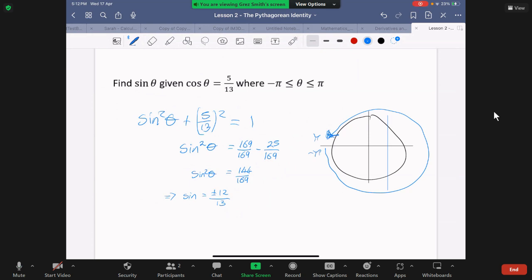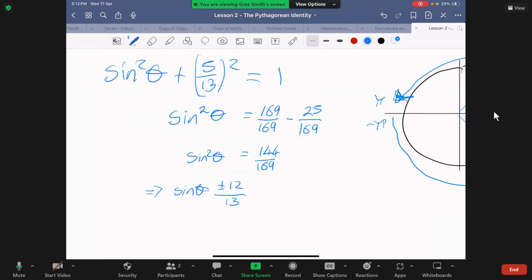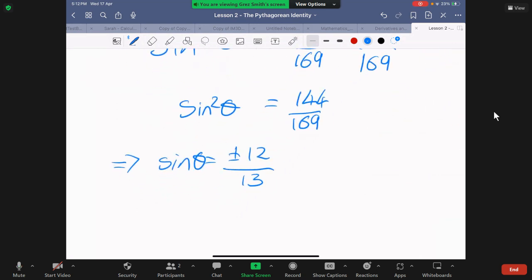It's somewhere in this interval. So the two values that we can get is this value down here, which is a negative value, and this value, which is the positive value of the same number. So in this particular interval, the cosine value is in the first or fourth quadrant, and the corresponding sine value would also be positive and negative. So both of these axes are acceptable.